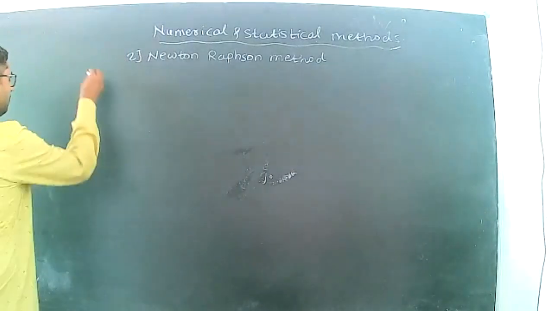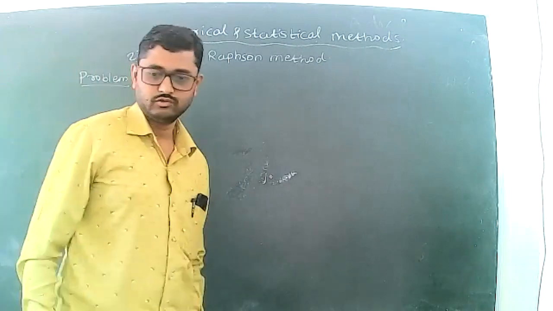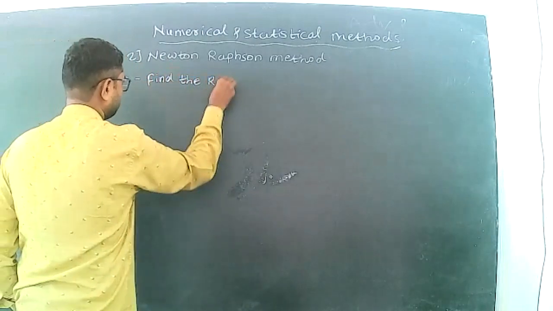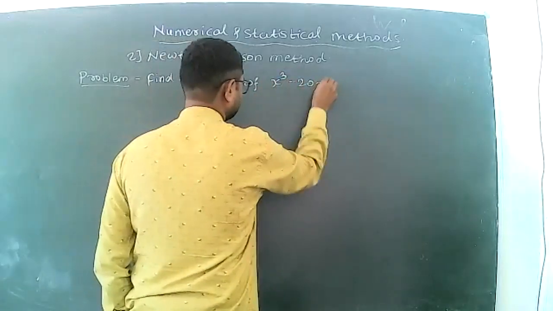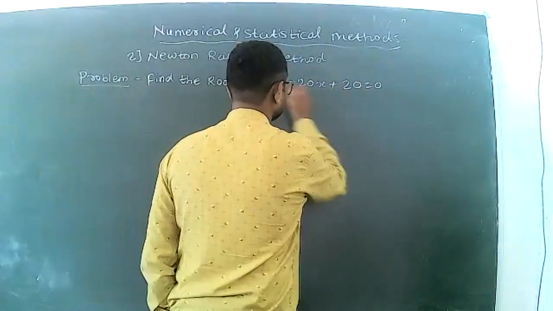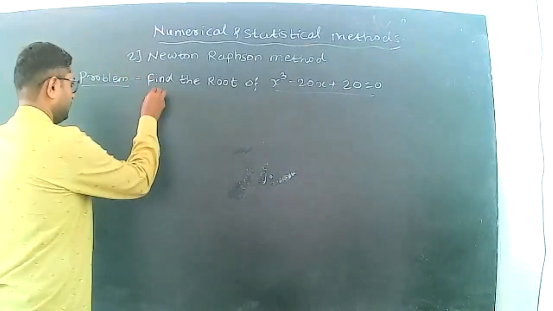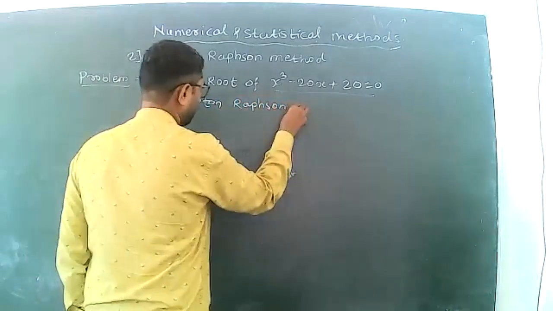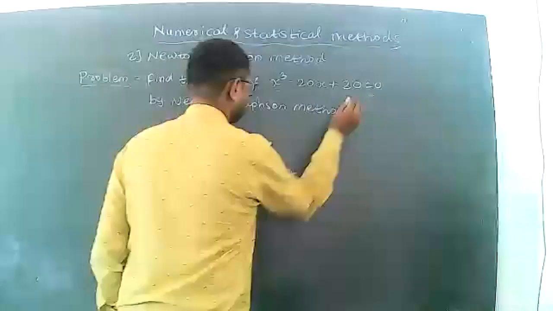So let us start. The numerical problem is: find the root of x cube minus 20x plus 20 equal to 0 by the Newton-Raphson method.